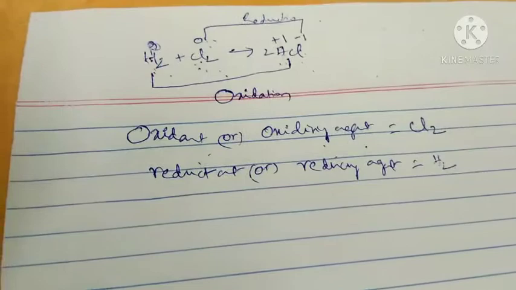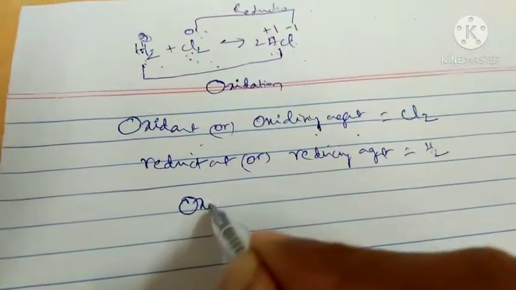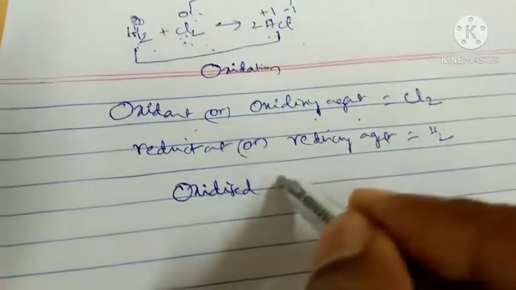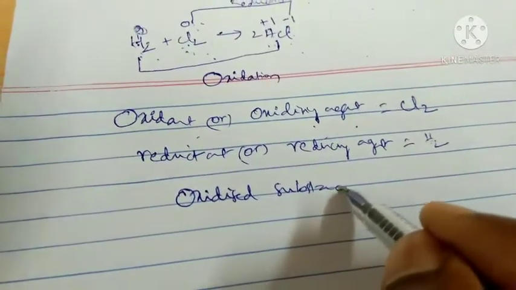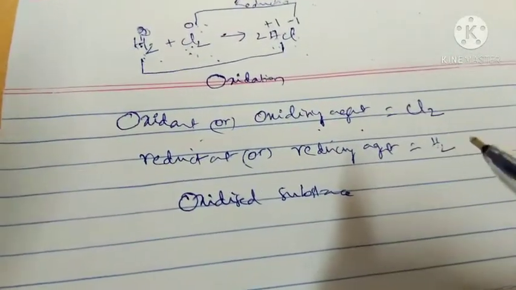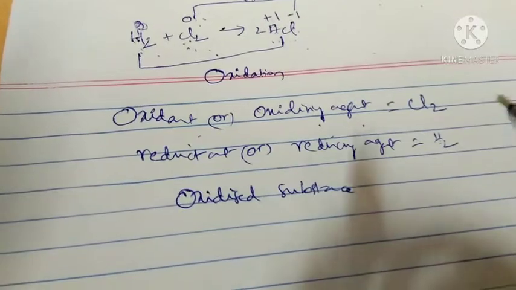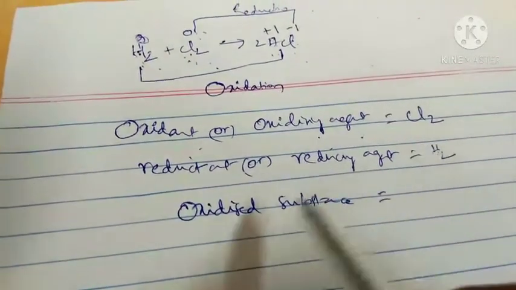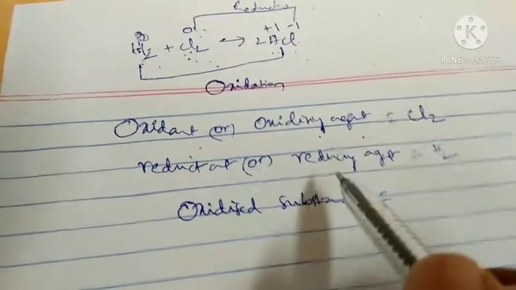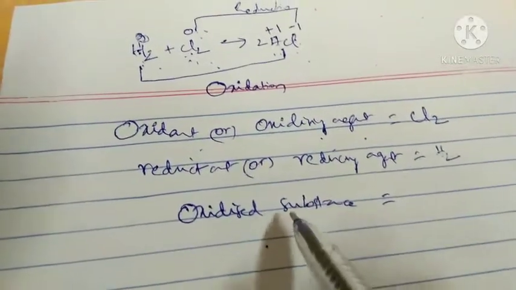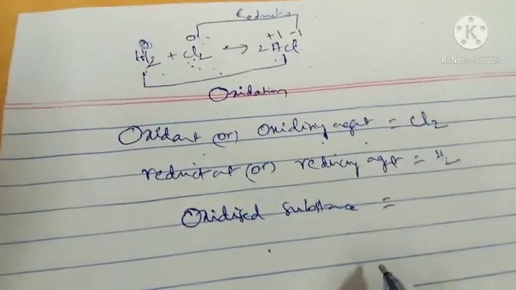Next, what is oxidized substance? What I told, if a substance increases its oxidation state, that is called oxidized substance.